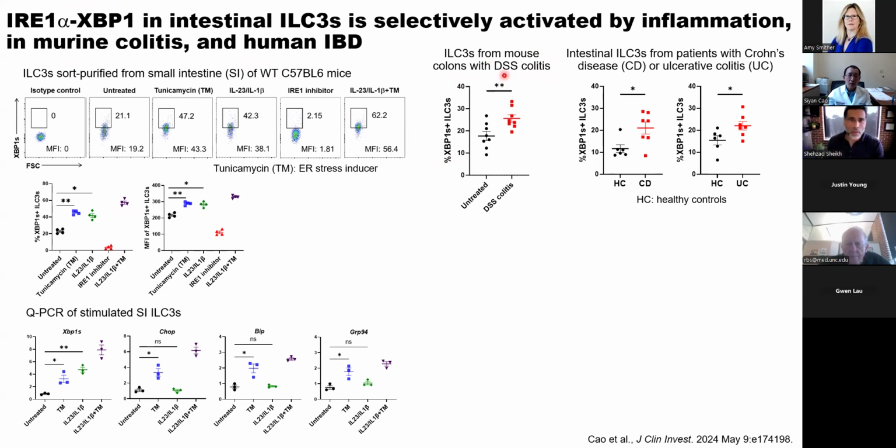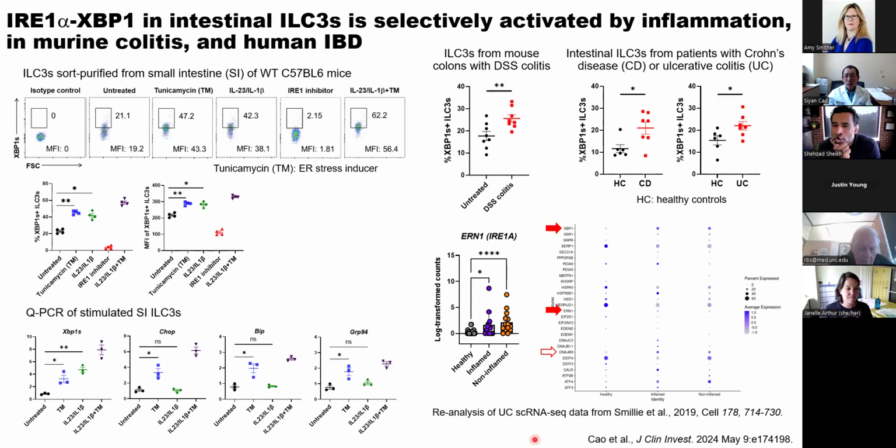This is a chemical-induced colitis model. As you can see here, there is an increased frequency of XBP1 positive ILC3s in the mice with colitis. And similarly, in the mucosal ILC3s from patients with Crohn's disease or ulcerative colitis, you can see this upregulation of XBP1 in the ILC3s from the mucosa.